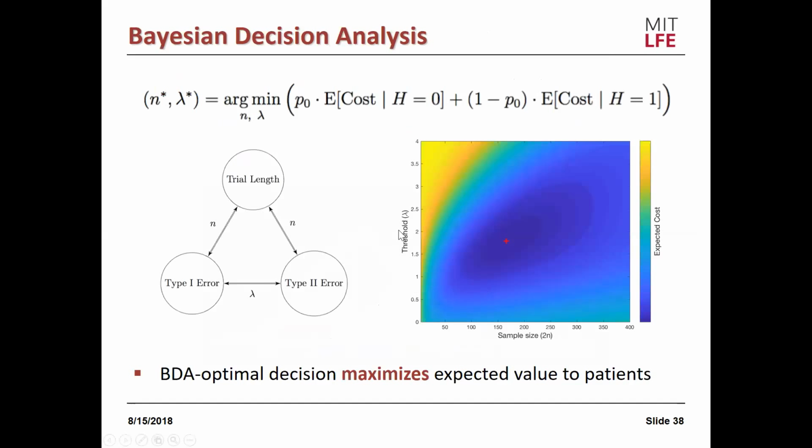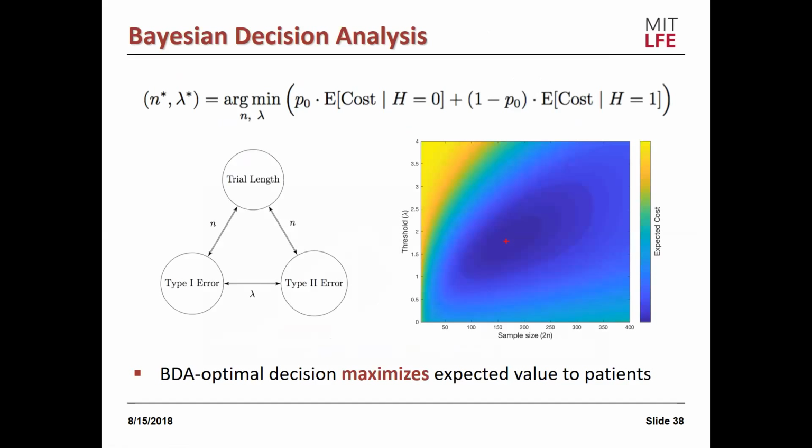Now, in addition to this trade-off between type 1 error and type 2 error, as Brett was describing, the BDA framework can also take into consideration the trade-off between the length of the clinical trial, which is also related to the number of patients in the trial, and the overall error rate.